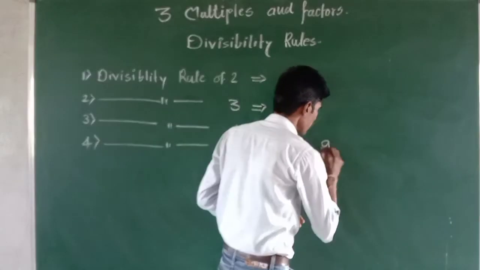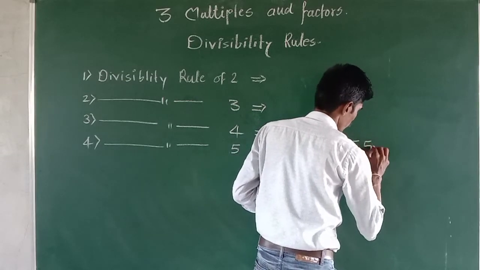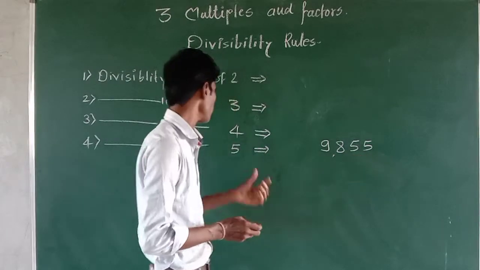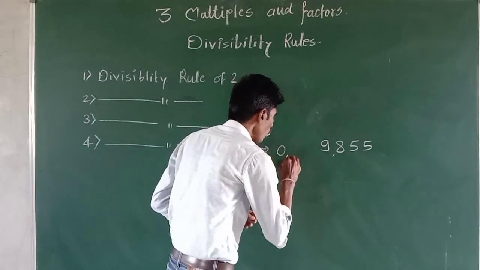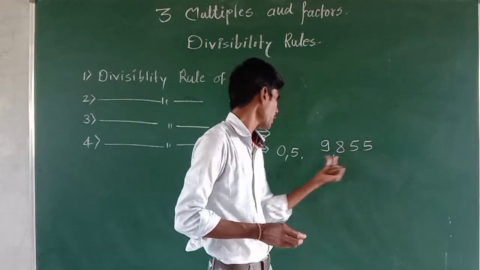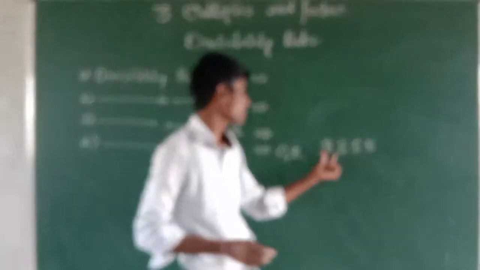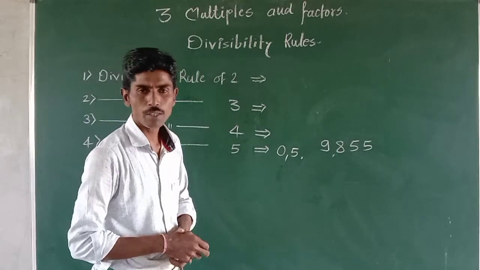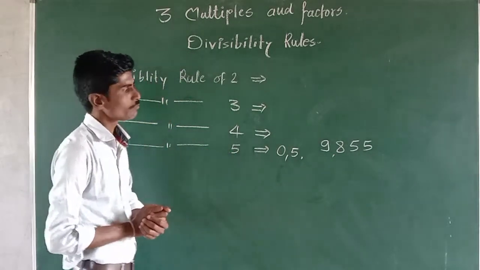Suppose 9855. There is a 5 on the unit place, and that's why 9855 is exactly divisible by 5. So this is the divisibility rule of 5.